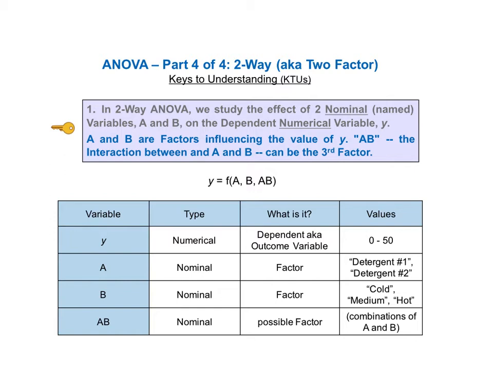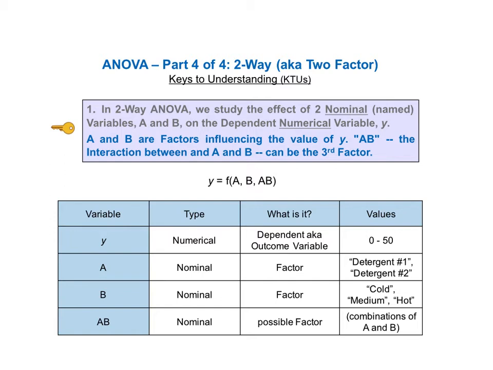The table summarizes what we've learned so far using this example. We have the dependent or outcome variable y, which can take on the numerical values of 0 through 50 in our example test. We have three factors, A, B, and the interaction between the two, AB.